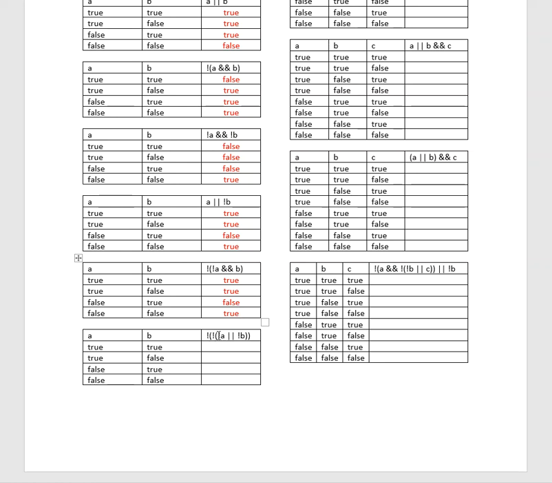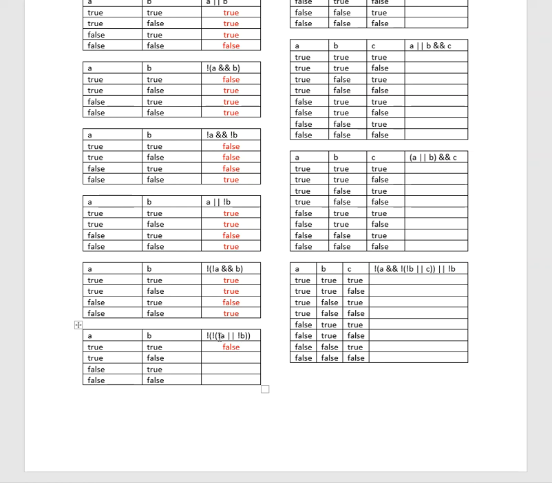So what I'm left with really is just the inside of the parentheses. I have not A or not B. So the opposite of A or the opposite of B. So I have true but not true makes it false. And I have B, which is true but not true, makes it false. So this expression evaluates to false or false, and false or false obviously has to be false.